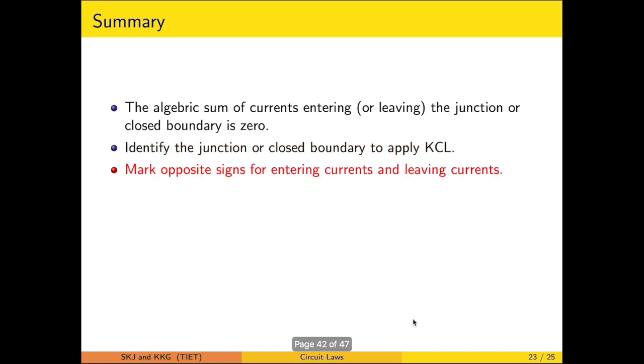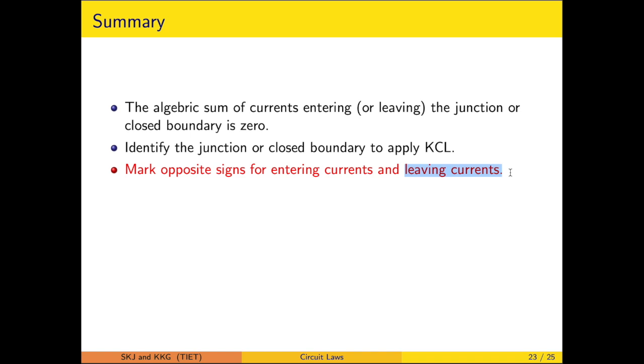We have to assign entering currents and leaving currents opposite signs. As a convention, I request that you assign leaving currents as positive and entering currents as negative. This will be helpful when we discuss the nodal method of analysis.